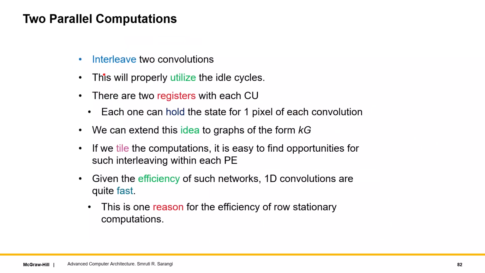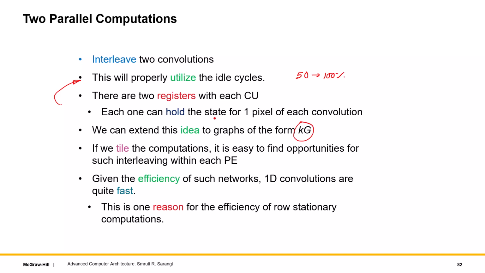Good. So by interleaving these two convolutions, we can utilize the idle cycles, and the key point is that our throughput can get bumped from 50 to 100%. This idea can of course be extended to k convolutions, where k is 2, 3, 4, 5, 6, so we can compute multiple convolutions at the same point in time.